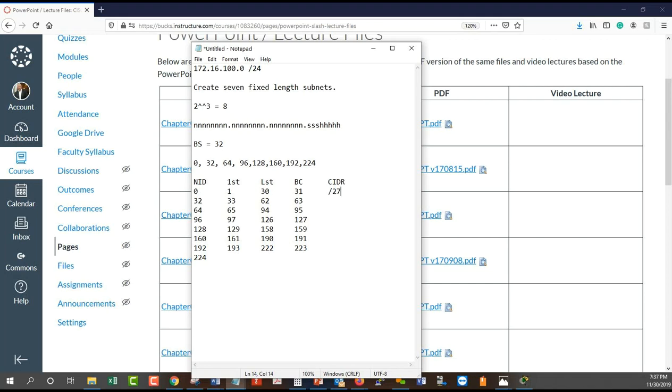So I don't think there's much need for us to go any further into fixed length. I think everybody's pretty much got that down. And now let's go in and let's talk about our variable length subnet masks.